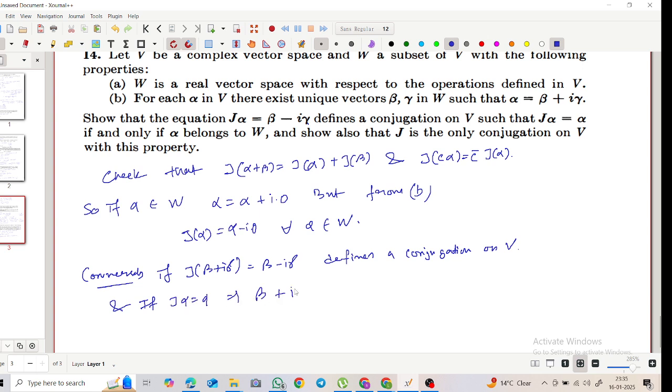We have beta plus I gamma equals beta minus I gamma, where alpha is beta plus I gamma.